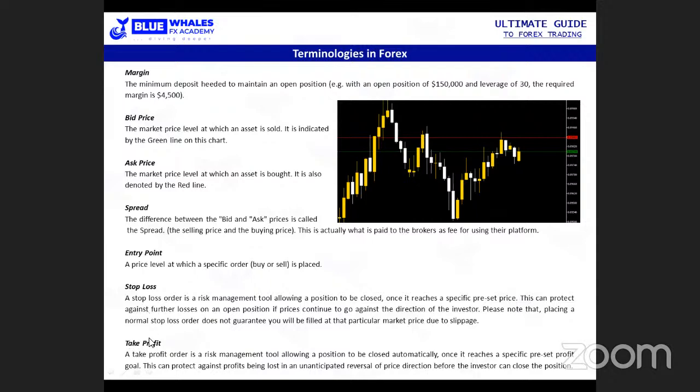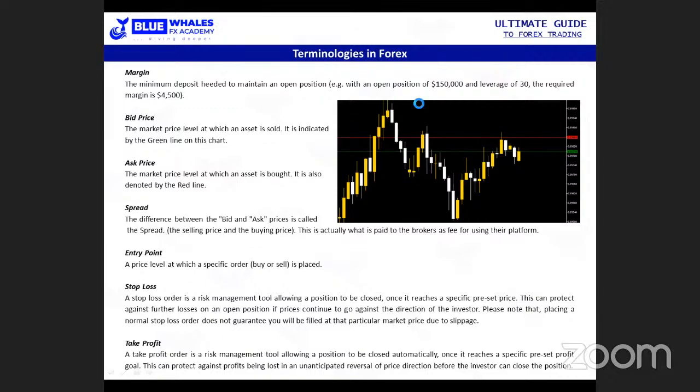So the next one is take profit. Take profit is also a risk management tool that helps you to accumulate your profits, so that should the trade reverse, it will not affect you. We will talk about that one too quickly.